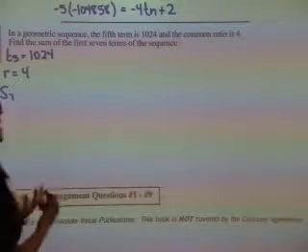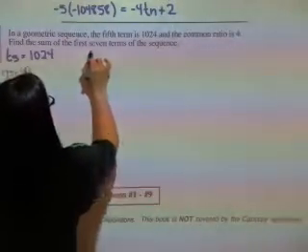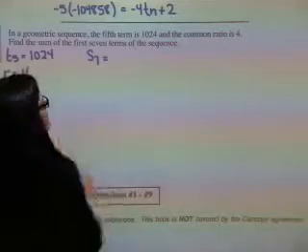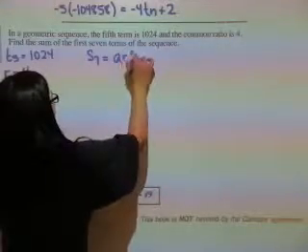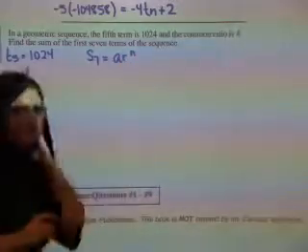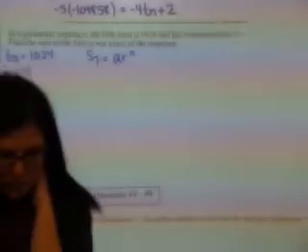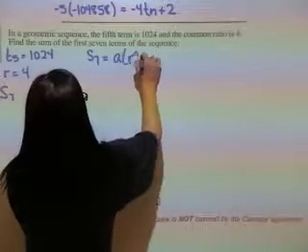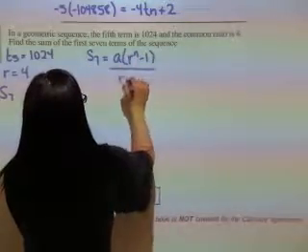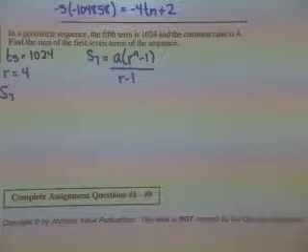So if I was to find s of 7, that would be using that formula, a times r to the power of n minus 1. I don't remember the formula anymore. Need brackets there. That would be the formula that I could use if I knew what a was.